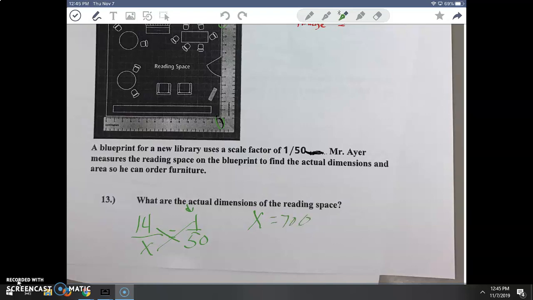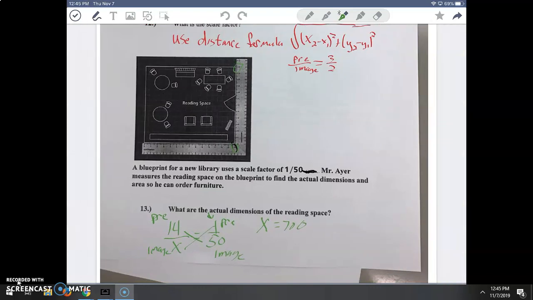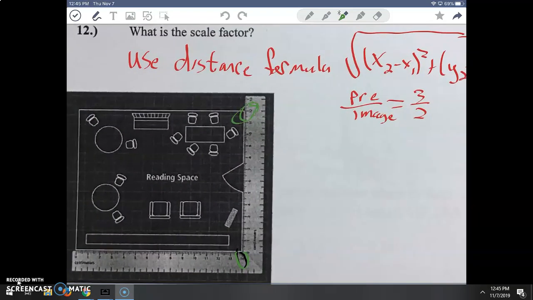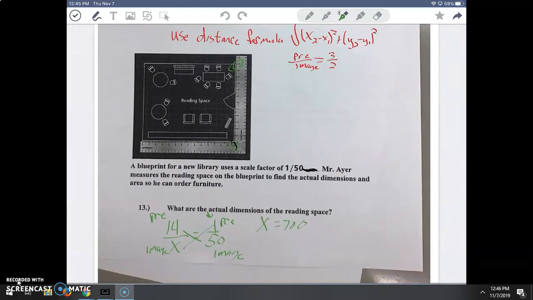Notice how I set this up. This is pre over image. Now let's do the same thing with the other dimensions. We said up here it was 12 inches. We set it up the exact same way, so we end up with 12 over x is equal to 1 over 50.